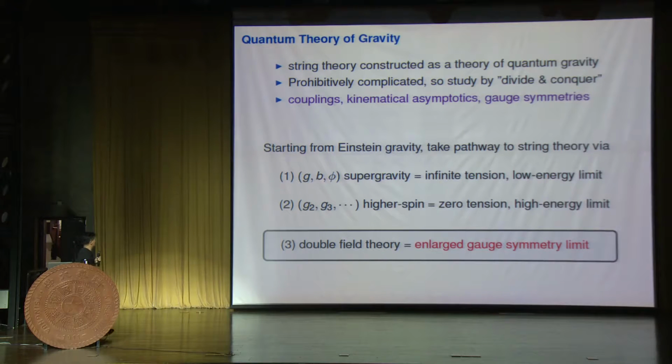First one, very well known, we take very low energy, below the string tension scale, and we do have the massless supergravity multiplet, and we understand this dynamics very well. It's not much different from Einstein gravity, even though supergravity has a lot of surprises in recent computations of loop diagrams. Another corner is we take the zero tension limit, or equivalently very high energy compared to the string scale.